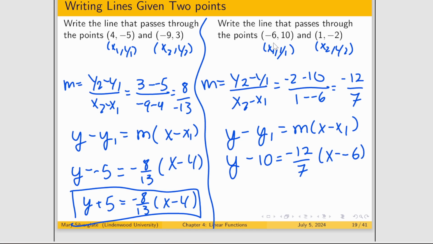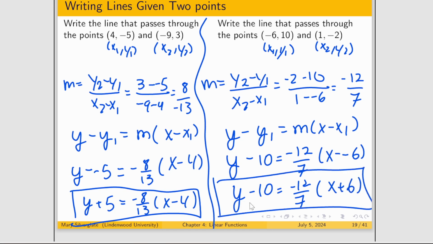You want to make sure that, for example, if I use 10 for my y1, I should use negative 6 for my x1. Had I used negative 2 for my y1, I would have had to use 1 for my x1. And then other than that, all I'm going to do is get rid of the eyesore of minus and negative, which turns into adding a positive, and I will call it a day.